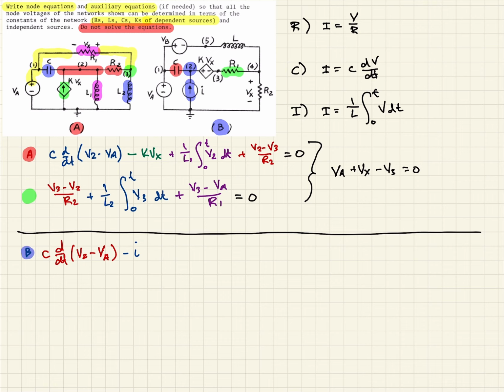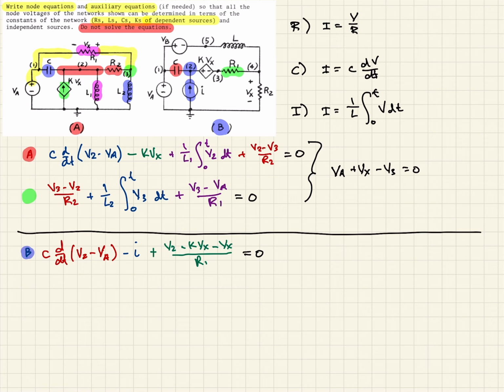That's going to look like V2 minus K Vx minus Vx all over R1. That's all the branches for node 2, so we can set that equal to 0.